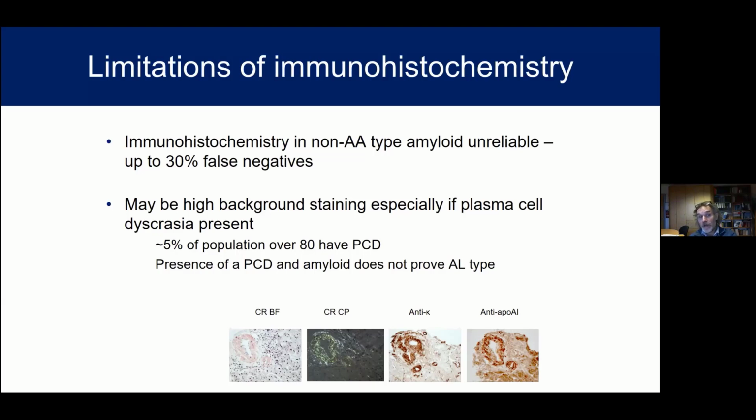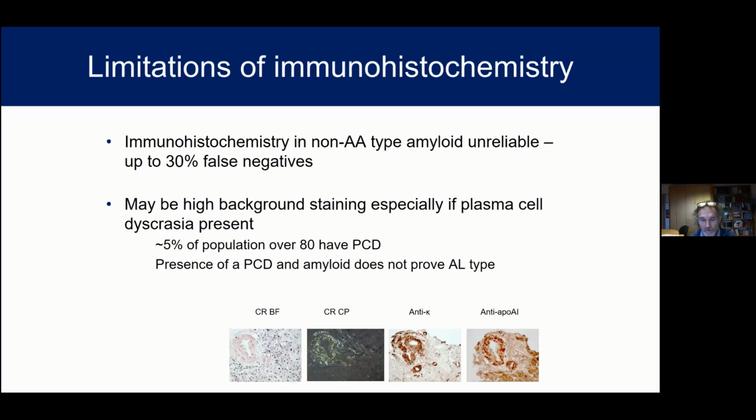There may also be high background, particularly in the context of a plasma cell dyscrasia. 5% of the population over the age of 80 have a plasma cell dyscrasia. And as you saw from my earlier example, the presence of a plasma cell dyscrasia plus amyloid, although it means AL amyloidosis is very likely, it doesn't prove it. You need to prove that the amyloid is actually composed of that light chain.